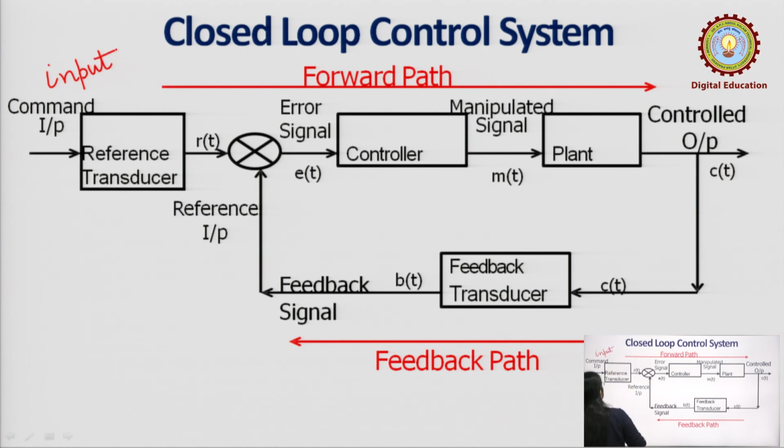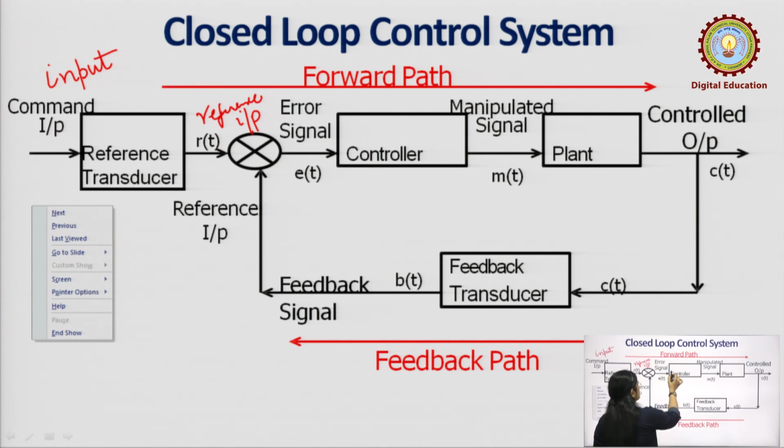This is the reference input. The reference input is from the transducer, where a particular pressure value or a particular temperature has to be set in an industry, and that is the reference value being given.